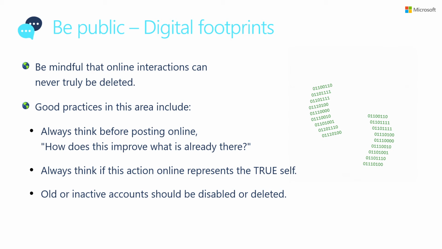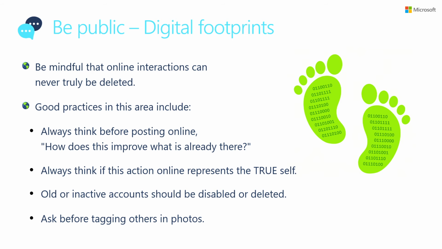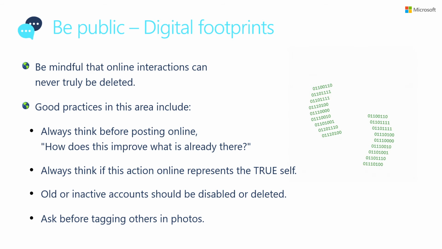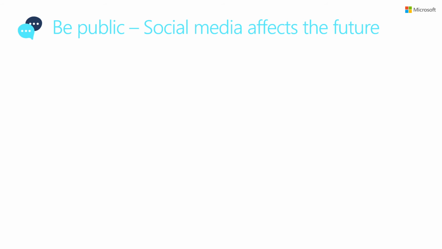So you can delete or disable your old and inactive accounts. Ask before tagging others in the photos. This is very important if you're on Facebook or any other social media handle and you keep tagging people and they are irrelevant. Sometimes people are tagging you in irrelevant posts, so that should not be there. You have to ask that particular person if it is okay to tag.